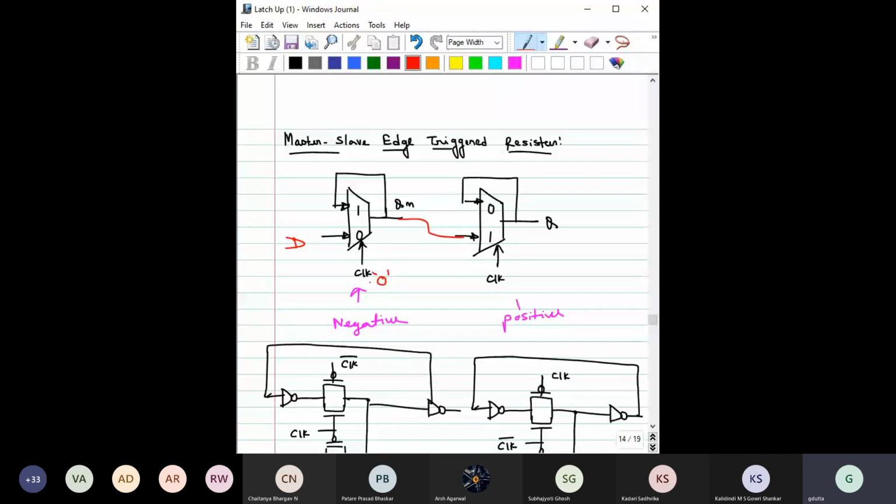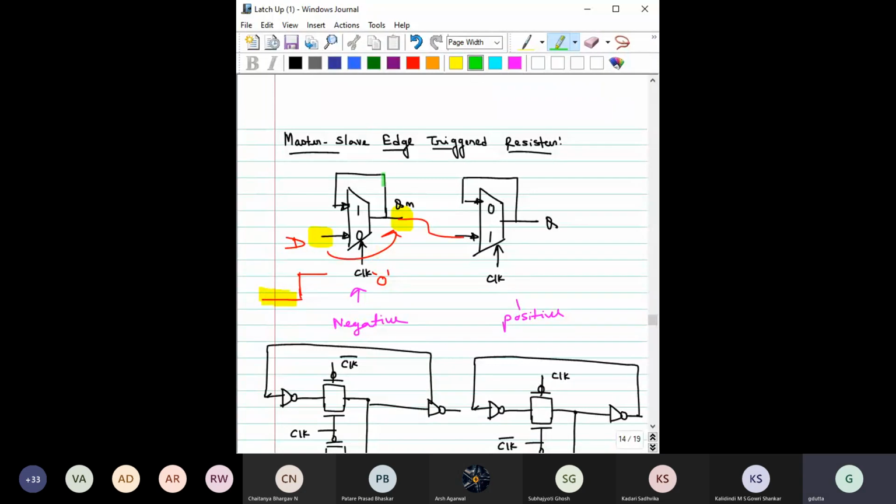Then see here what is happening. When this clock is equal to 0, this D is transferred to here. So you are now in this region, and then this is getting transferred to here.